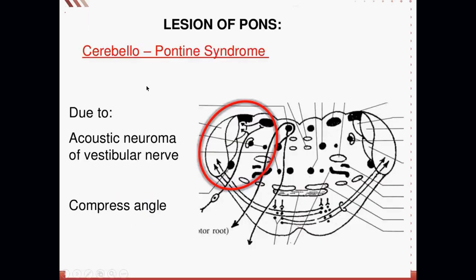Now the cerebellopontine angle syndrome, or pontocerebellar angle syndrome. It is due to an acoustic neuroma, a tumor of the vestibular nerve arising from the Schwann cells. So it compresses this area.